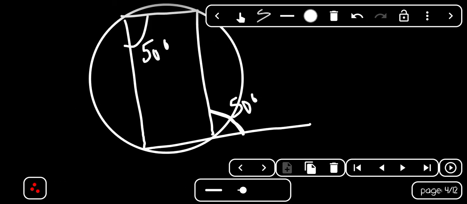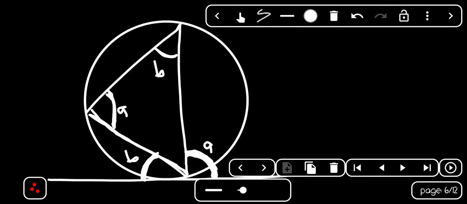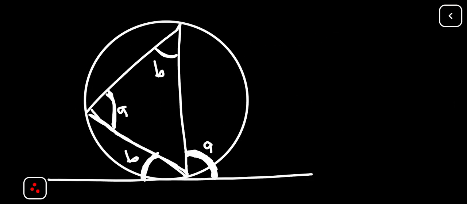Okay, so the cyclic quadrilateral was the exterior angle of a cyclic quadrilateral is equal to the alternate segment. But for this one, about the same thing, but this one has to do with a tangent. So if you recognize a tangent here, then you see there's an inscribed angle, like a triangle here, and this angle here is given. That means if it has an alternate segment like this, then they are equal.